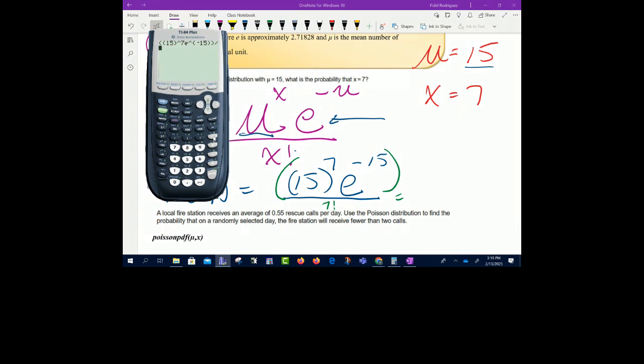Now, I'm going to hit divide, and I'm going to hit 7, and I'm going to go to my math button, y'all. I'm going to go to the PRB, and I'm going to hit number 4, okay? And now, y'all, I'm just going to hit enter, and again, y'all, I'm going to go to 3 decimal places, and I'm coming up with what, 0.010?